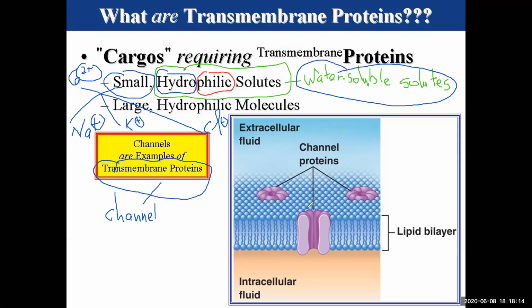So this funnel, this passageway opens up, and then cations can flow through it to get in. For example, sodium can get in. Same thing, calcium can get in.